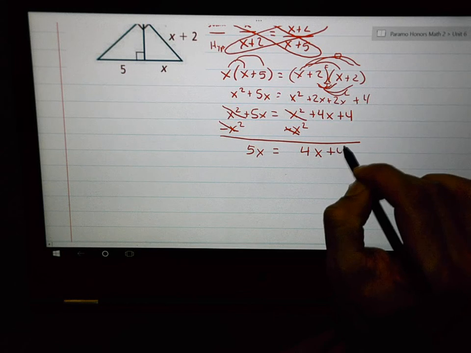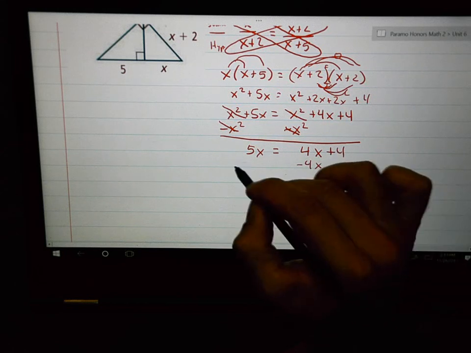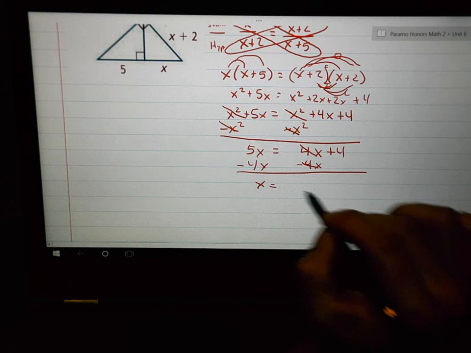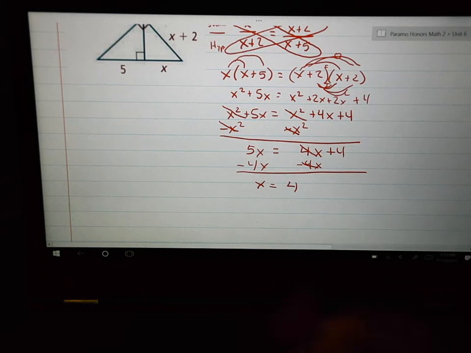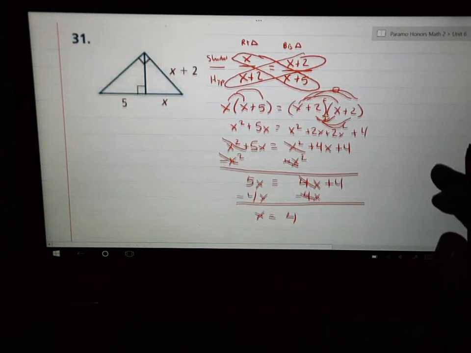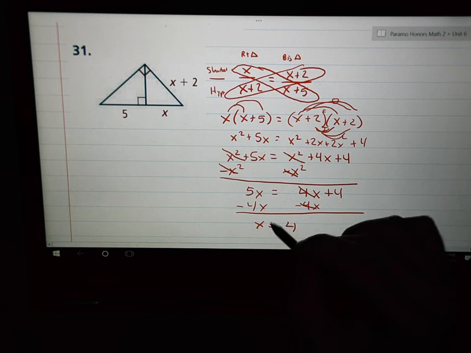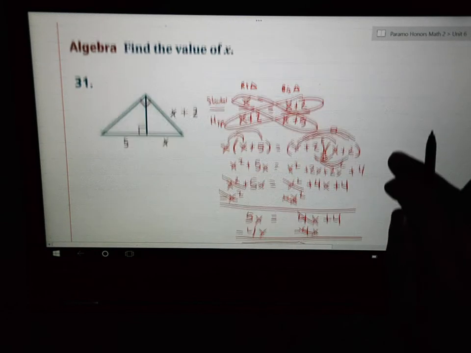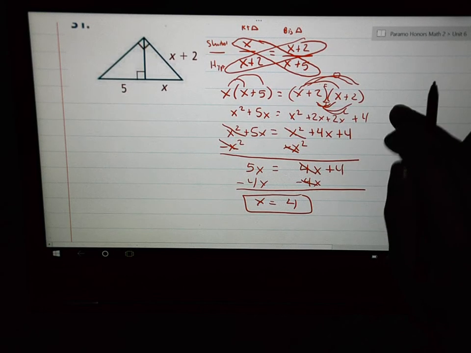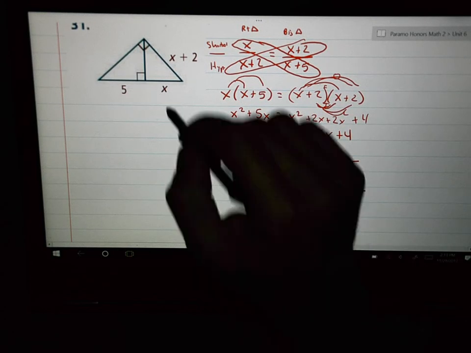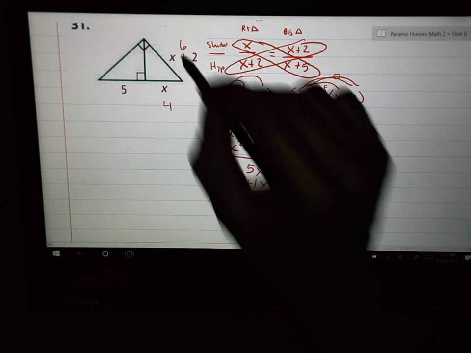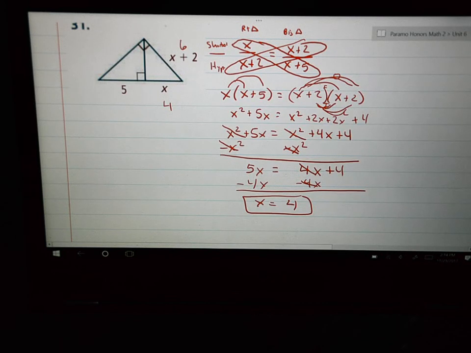That just got a whole lot easier. x is equal to 4. Is that what the direction said? Find the value of x. Did we find the value of x? Yes, we did. If I plug it in, does that make sense? 4 and 6. I'm pretty sure that that's going to make sense as we do it.